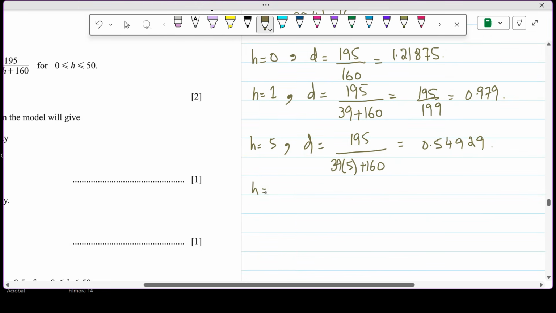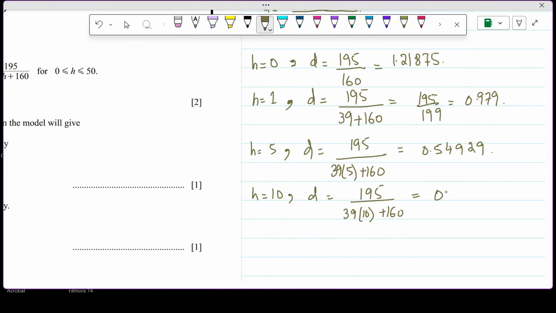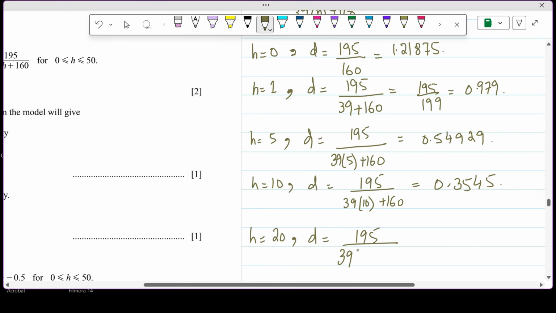Similarly, when the height is 10, we will have D = 195 / (39 times 10 + 160), and this will be equal to 0.3545. When the height is 20, we will have D = 195 / (39 times 20 + 160), and this is equal to 0.207.